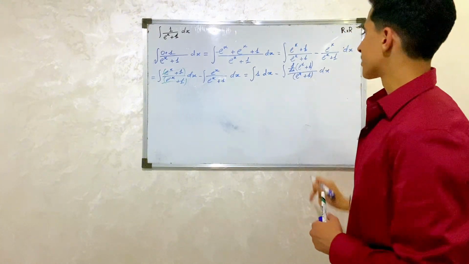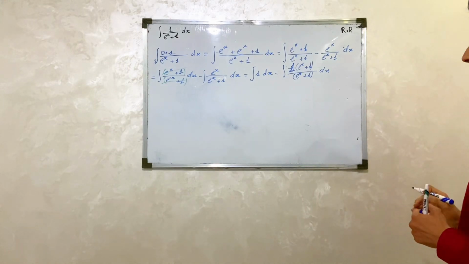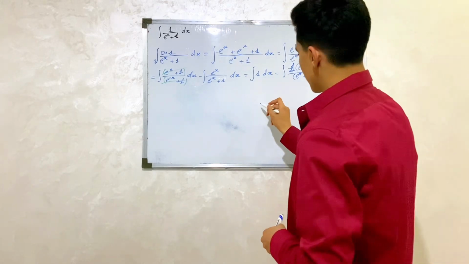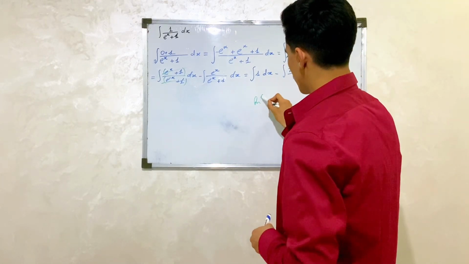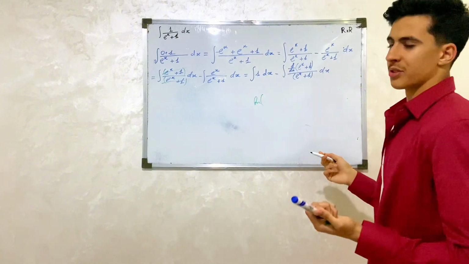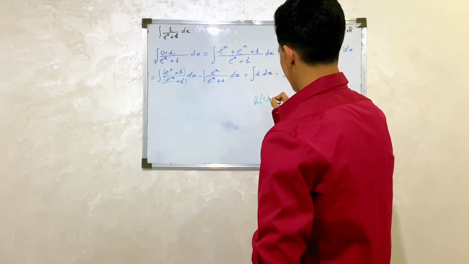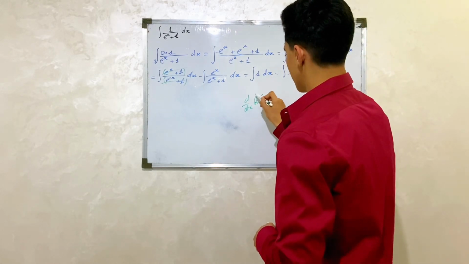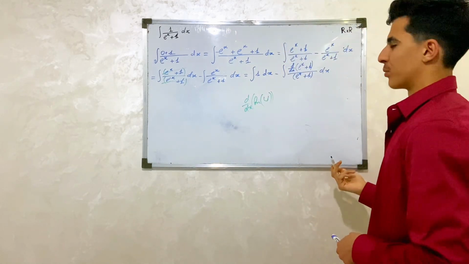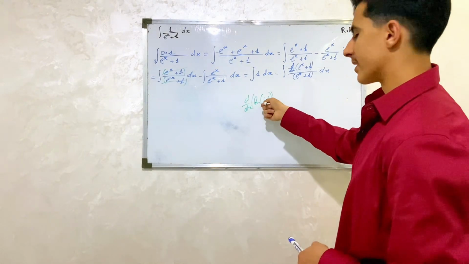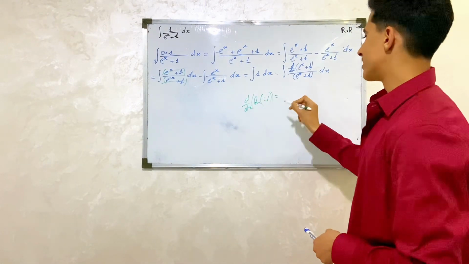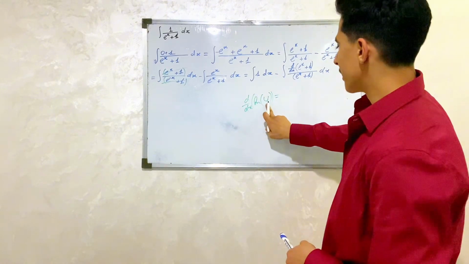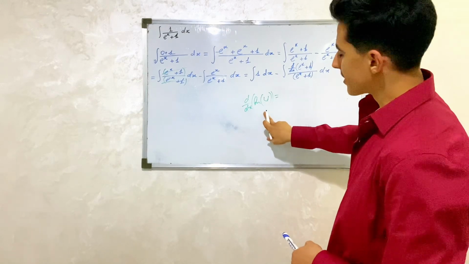With respect to x. So we have a property that says the derivative of ln of a certain function, let's call it u, with respect to x or any other variable, depending on what variable u takes, is equal to the derivative of the inside function over the inside function.